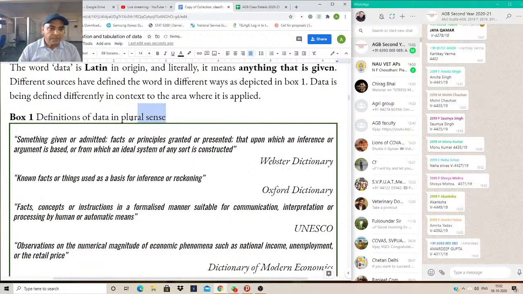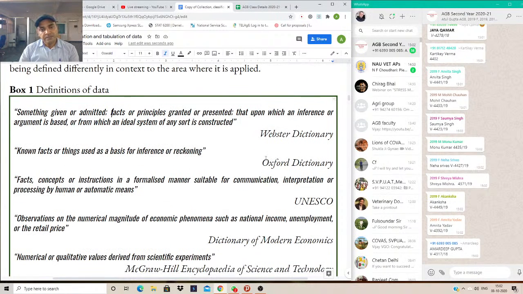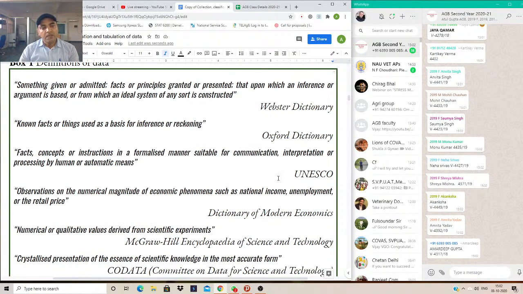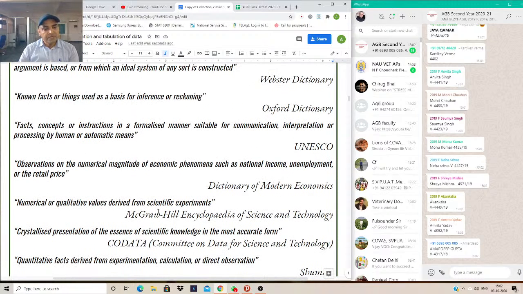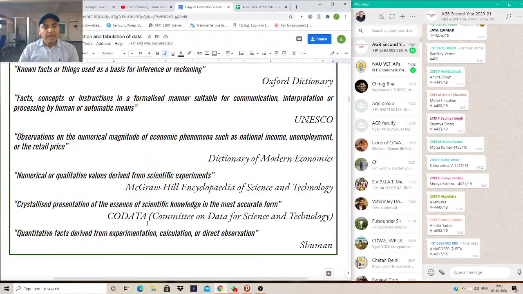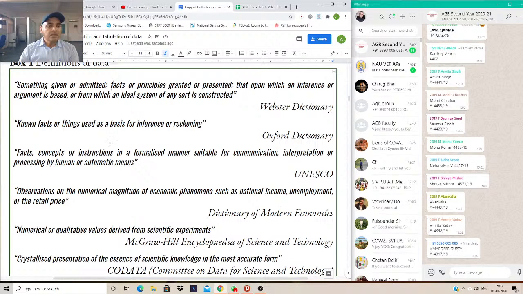This definition of data has been given in the Webster Dictionary, the Oxford Dictionary, the UNESCO, modern economics, the McGraw-Hill Encyclopedia of Science and Technology, the Committee on Data for Science and Technology, and Schumann.